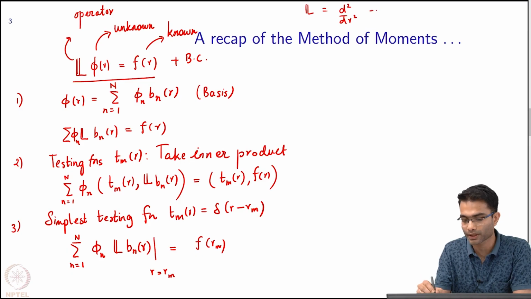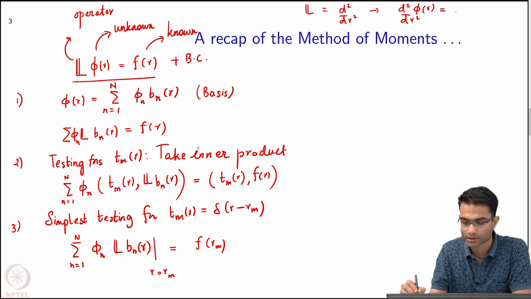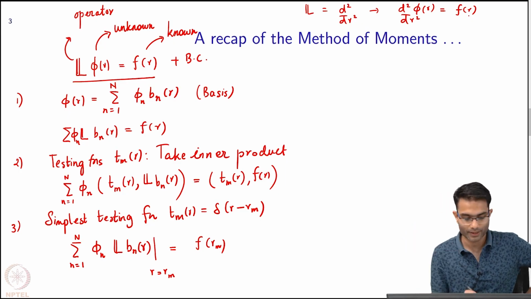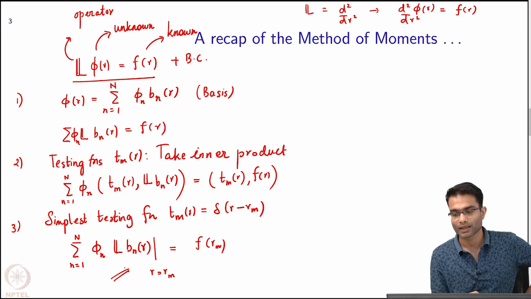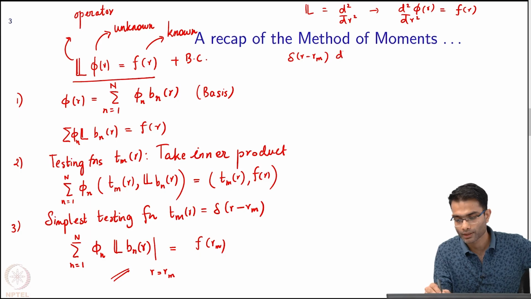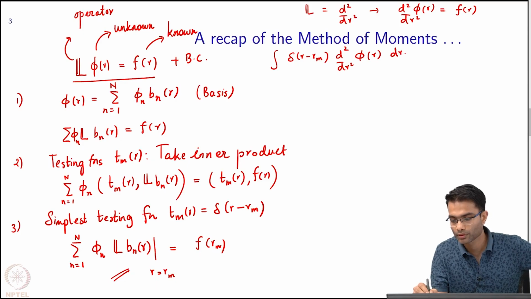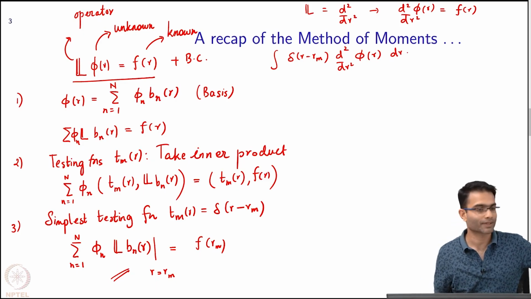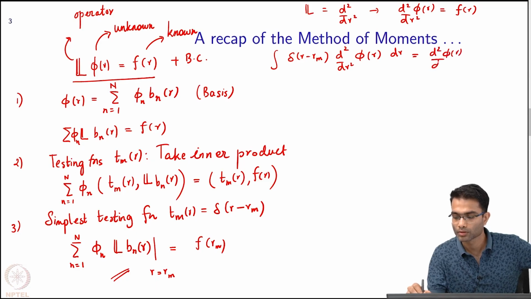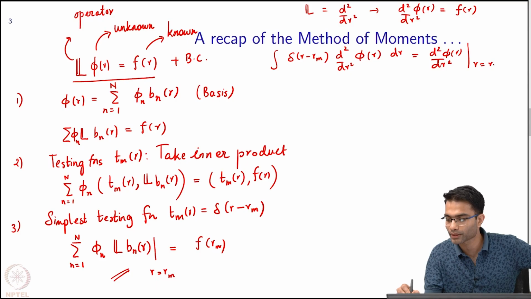So, for example, L can be something like the second derivative with respect to R. Okay. So, then this operator equation simply is second derivative of phi of R is equal to some function f of R, right. Now you can see why I have written this in this fashion, right. So, when I multiply this by some testing function, delta of R minus Rm, that is the meaning of testing, right, the left hand side will become evaluated at R is equal to Rm, that is what it means.